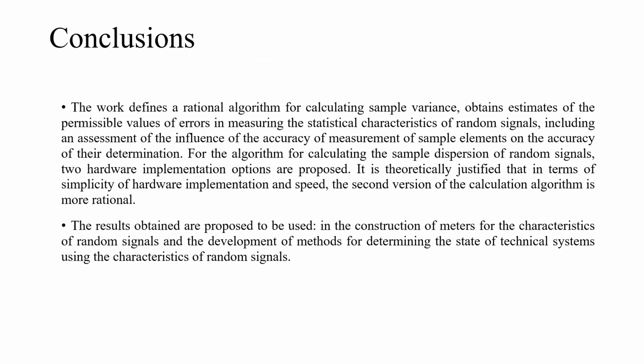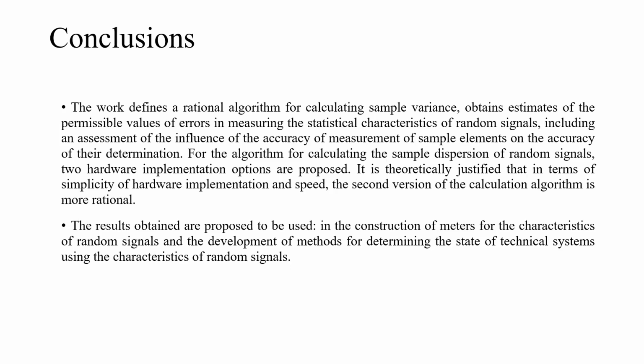The work defines a rational algorithm for calculating sample variance, obtains estimates of the permissible values of errors in measuring the statistical characteristics of random signals, including an assessment of the influence of the accuracy of measurement of sample elements on the accuracy of their determination. For the algorithm for calculating the sample dispersion of random signals, two hardware implementation options are proposed.